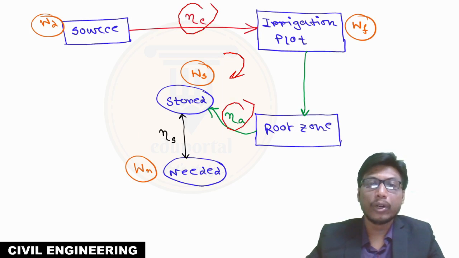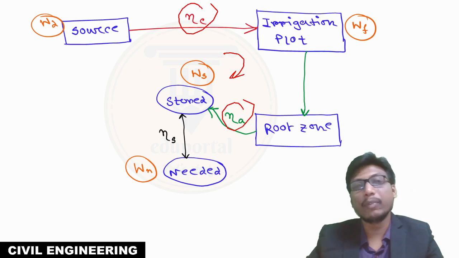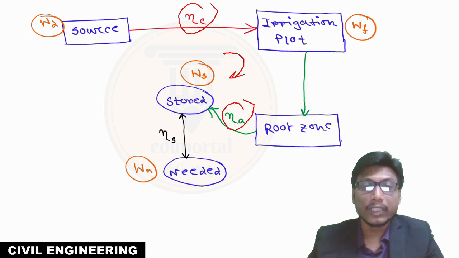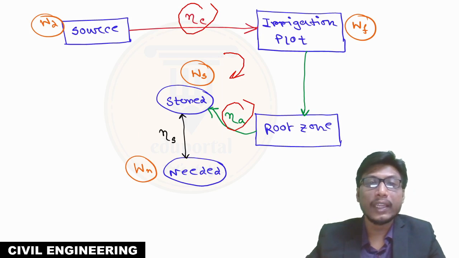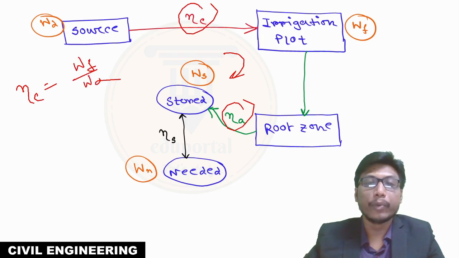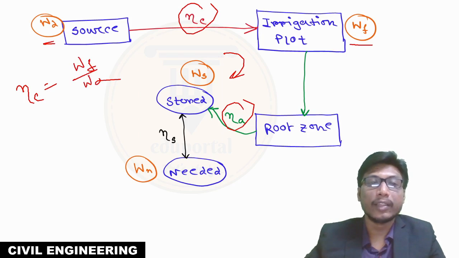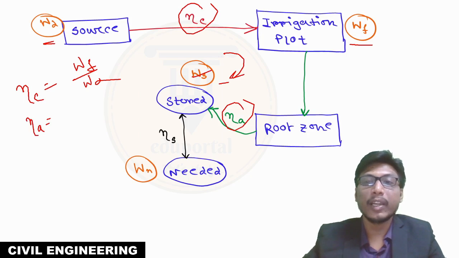But if we remember this diagram, it will be very helpful, because eta C is WF by WD. Now eta A, that is application efficiency, is WS by WF.